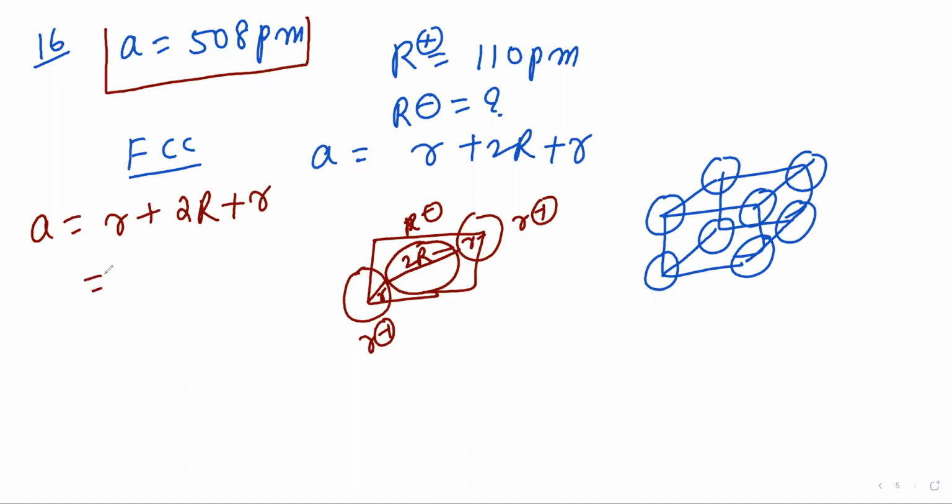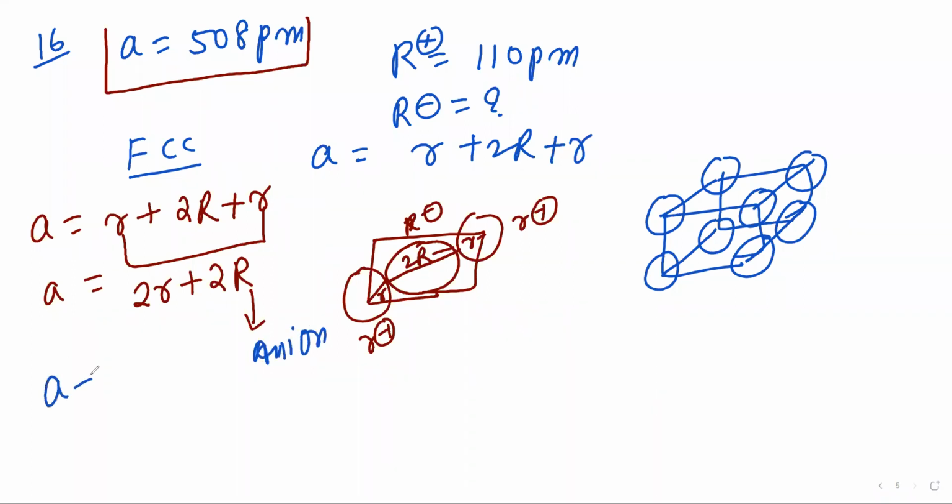So now add these two. So you will get 2r plus 2R equal to a. Right. So the anion value you have to find. So anion is here capital R. Right. So this value you have to find.